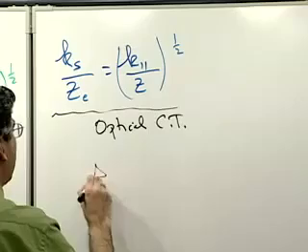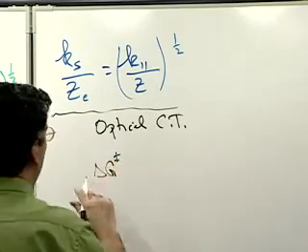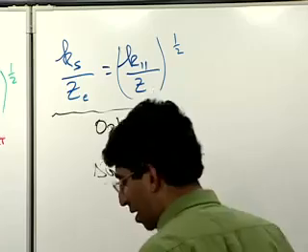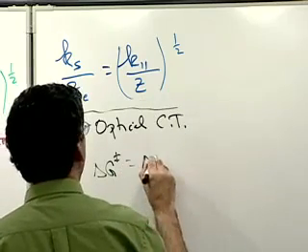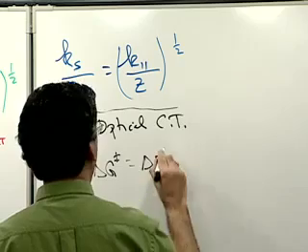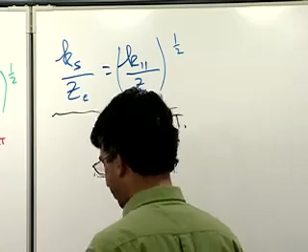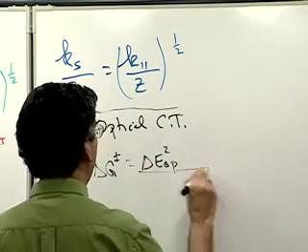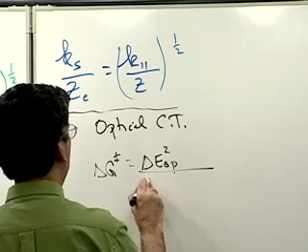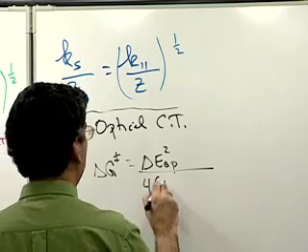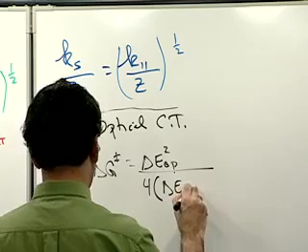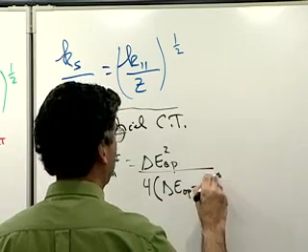Anyway, in the case of an optical charge transfer, the free energy of activation for that process, according to this, is equal to the square of the optical energy, that is the size of the photon we're putting in there and absorbing, divided by 4 times the optical energy minus the ground state standard free energy.